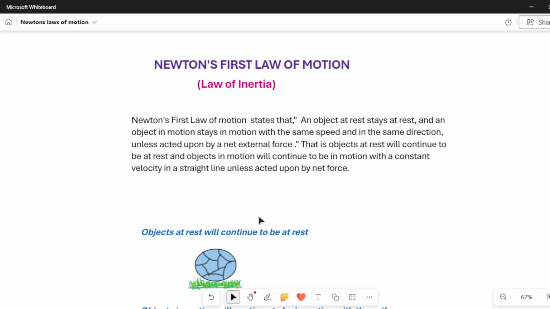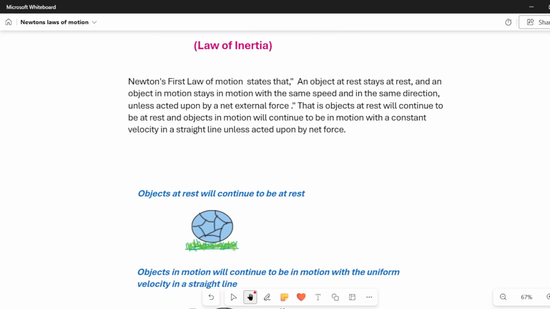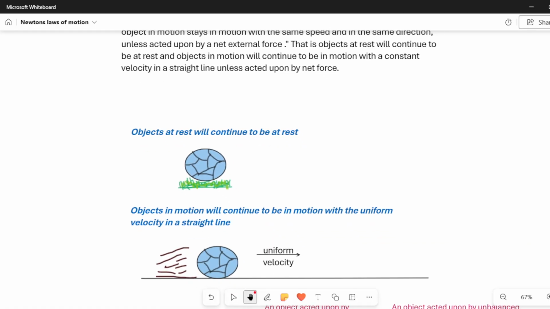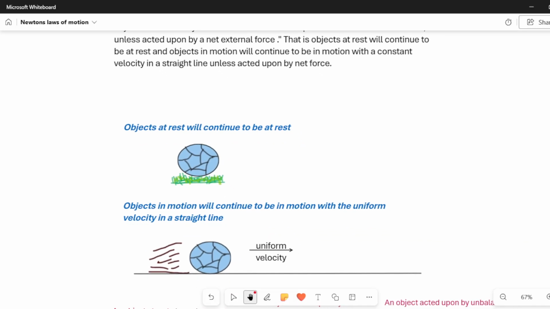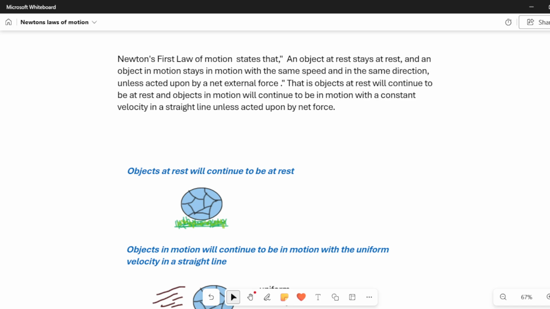That is, objects at rest will continue to be at rest and objects in motion will continue to be in motion with a constant speed and in the same direction in a straight line unless acted upon by a net force. So let us try to understand these laws better.